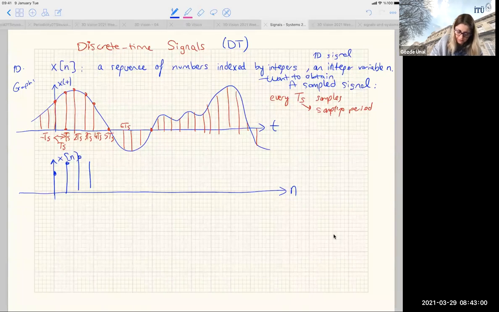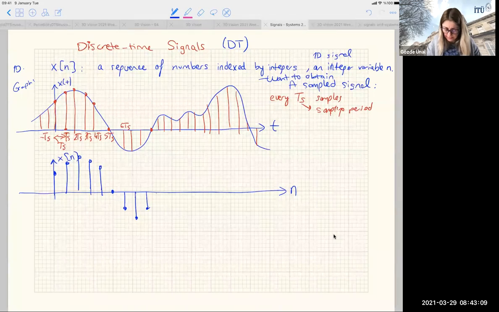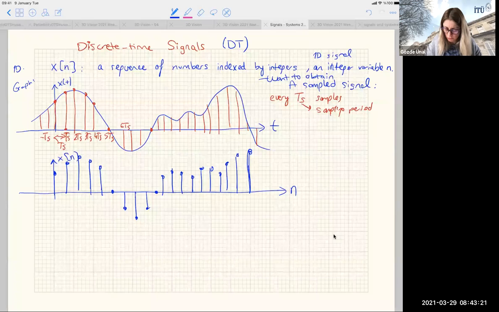It has to be the same samples, but I'm just drawing it roughly here. I think you get the point, right? And it goes up again. These are the samples of the sampled signal.